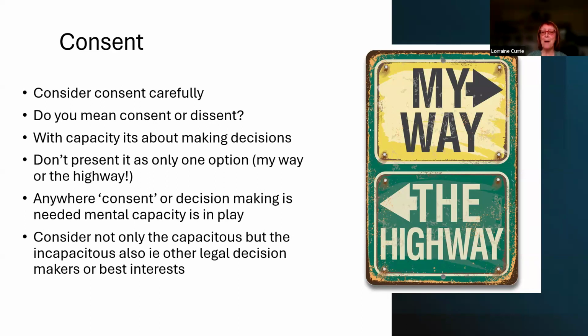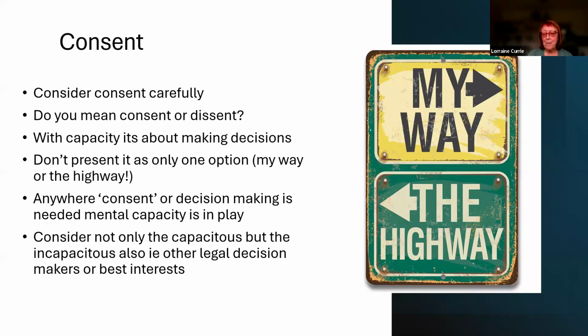Because wherever there is mention of consent, it brings with it the question of, can the person consent? If not, who can? If not, when is it best interest? So it brings with it that whole opening of the umbrella of mental capacity.